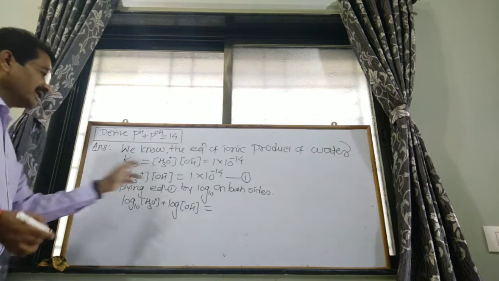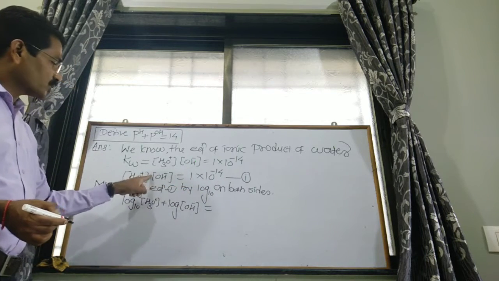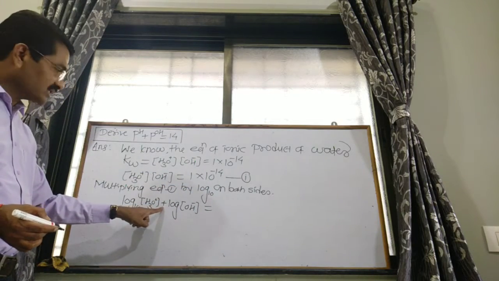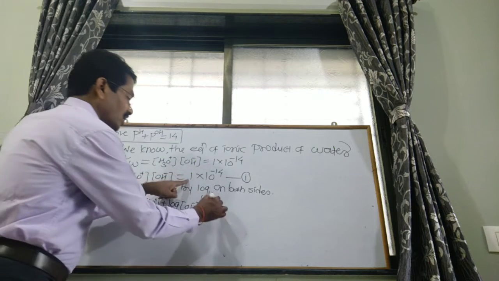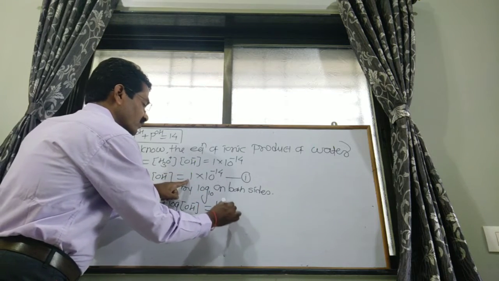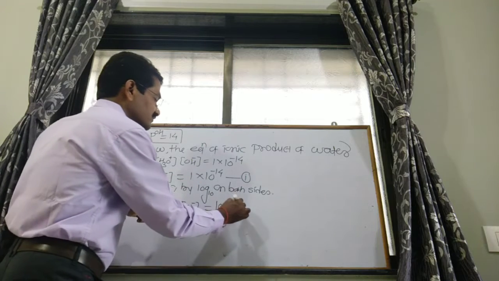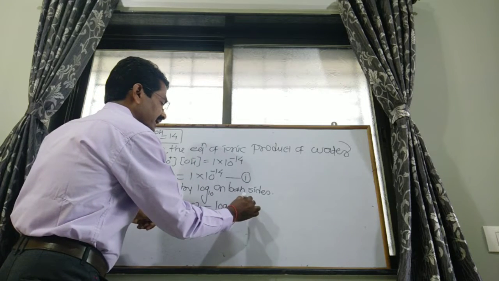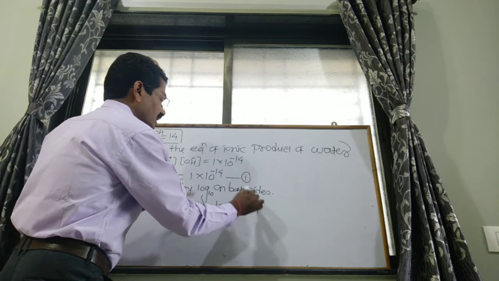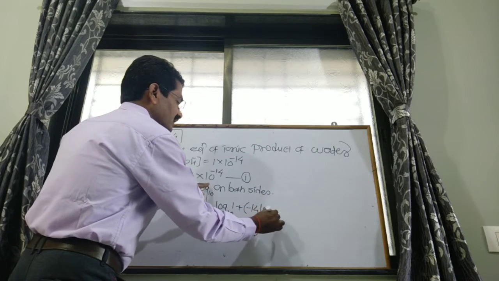Multiplying by log to the base 10, this product gives an addition. On the right side, log to the base 10 of 1 plus minus 14 into log to the base 10 of 10.